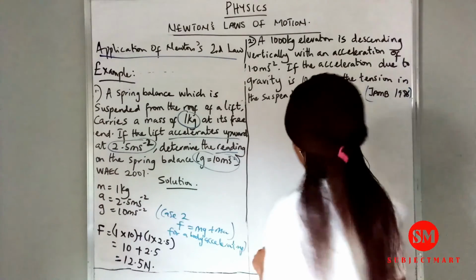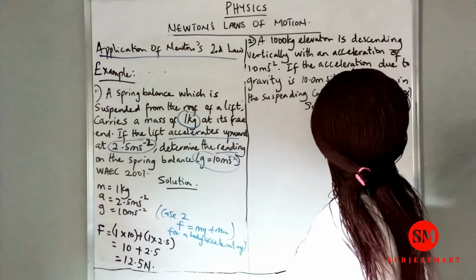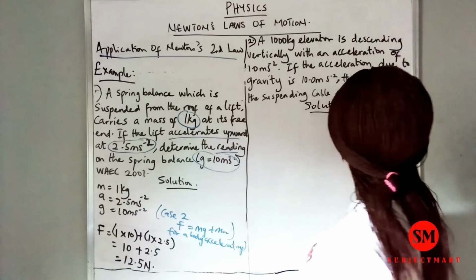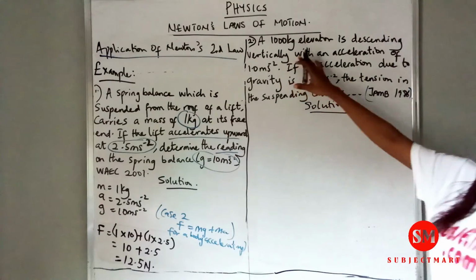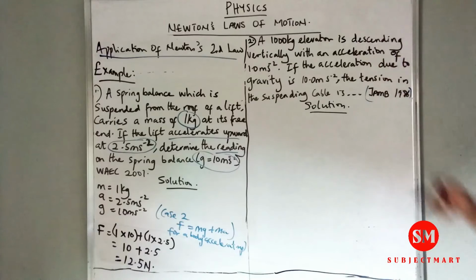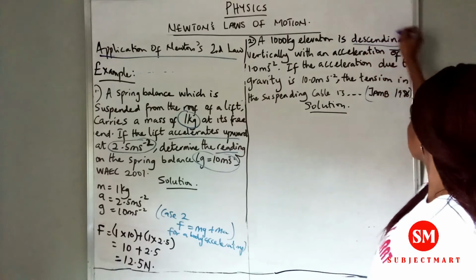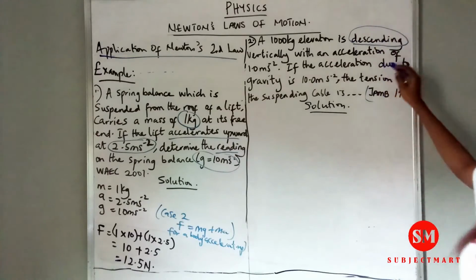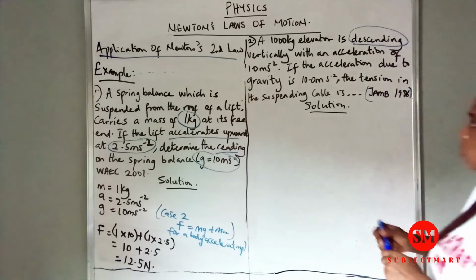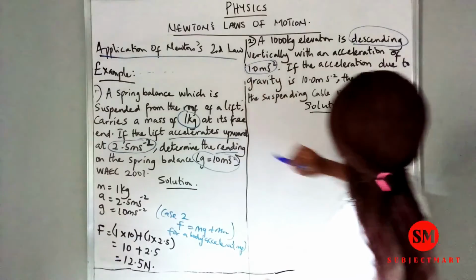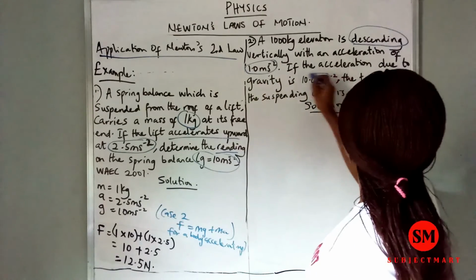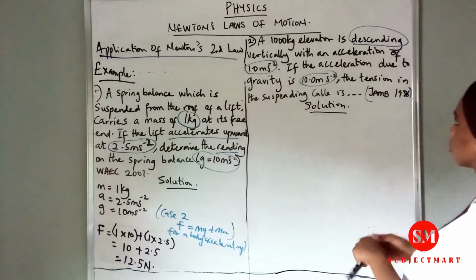So I'll move over here to the second question, which says a 1000 kilogram elevator is descending with an acceleration of this, and g is this.